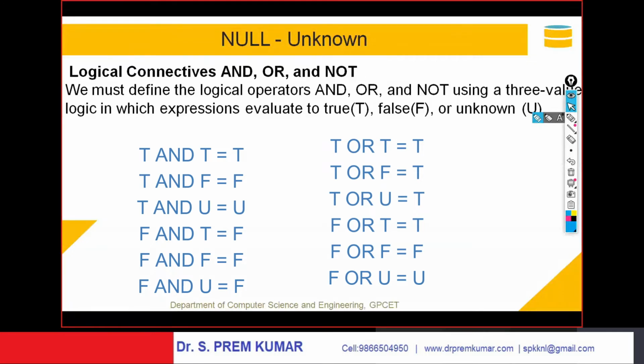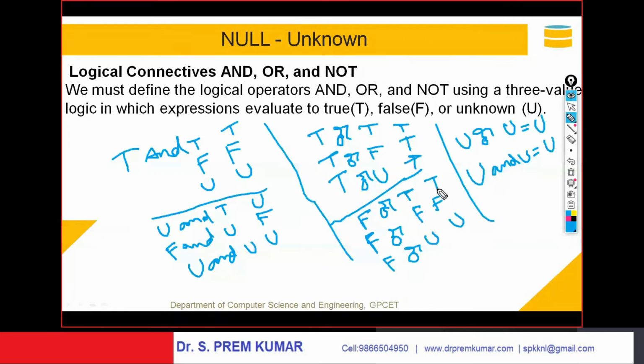Unknown and true is unknown. False and unknown is false. With the AND operator, false and unknown is false. You observe here true and unknown is unknown, unknown and unknown is unknown, and unknown and true is unknown.